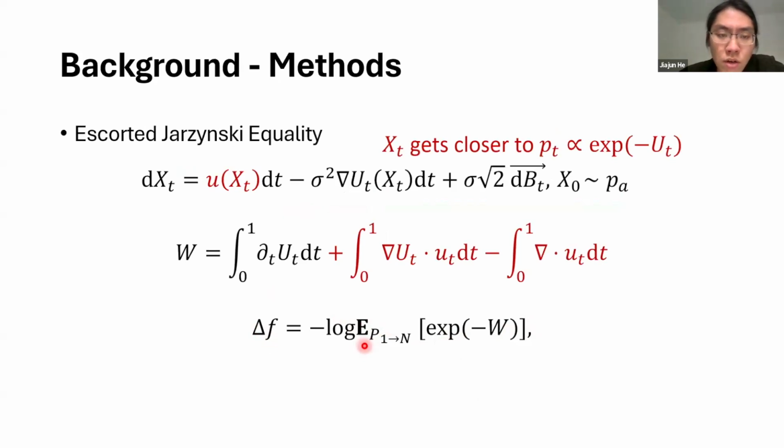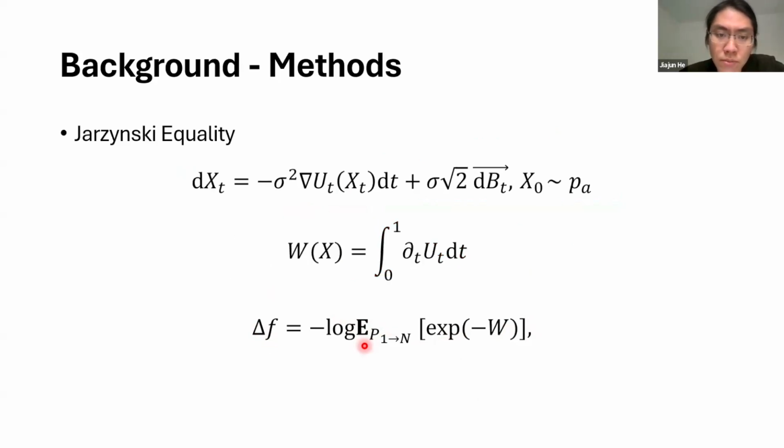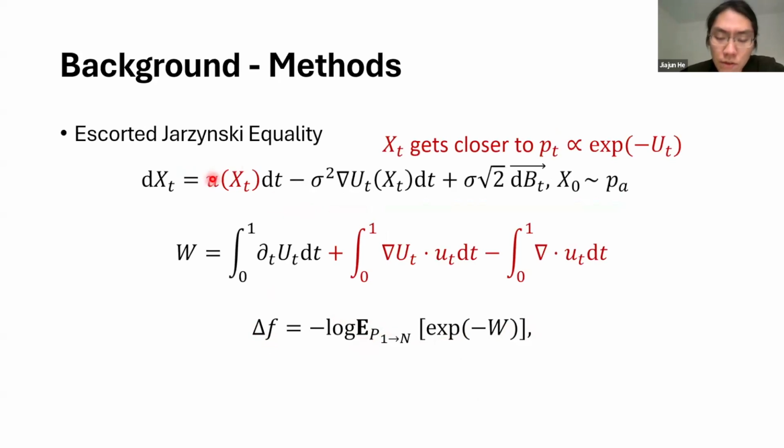So to solve this problem, people introduce a control term. This is known as escorted Jarzynski equality. Compare these two expressions: we just plug in a u, which introduces more flexibility. And then to compensate for the influence of this u, we need to change this work to a generalized work version by introducing these extra terms.